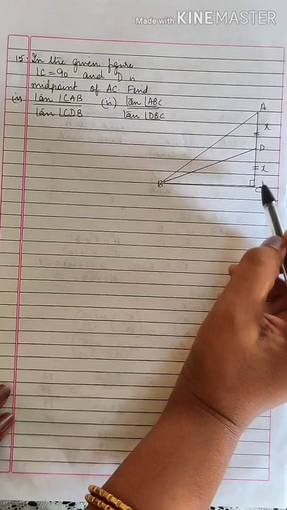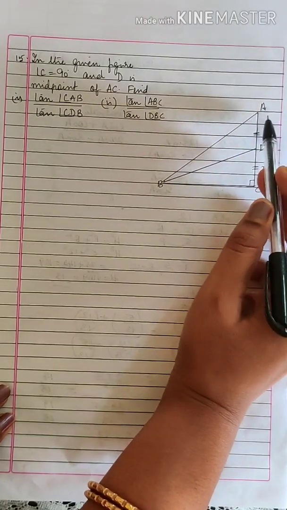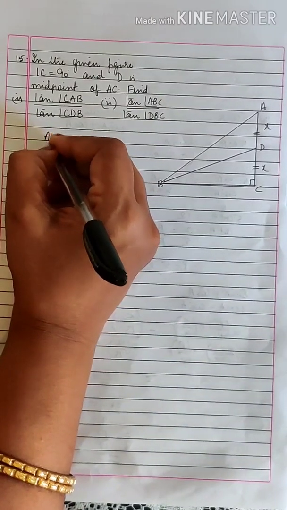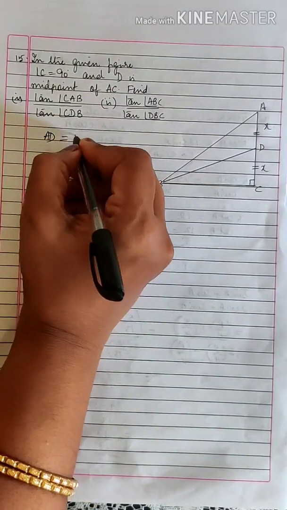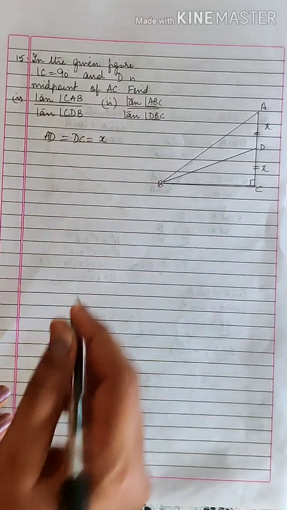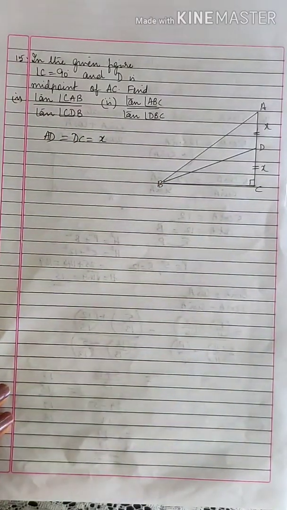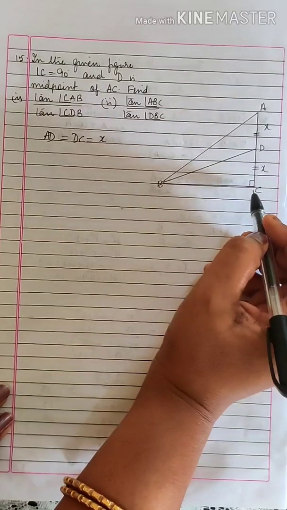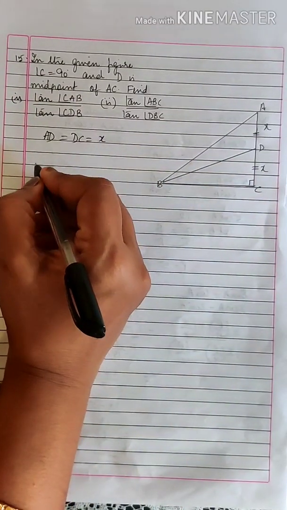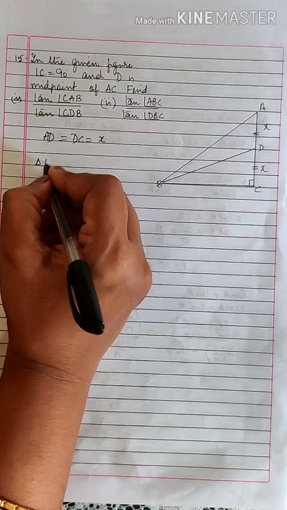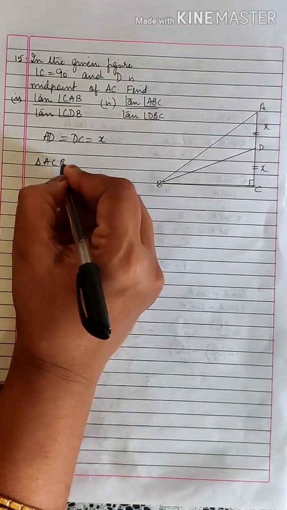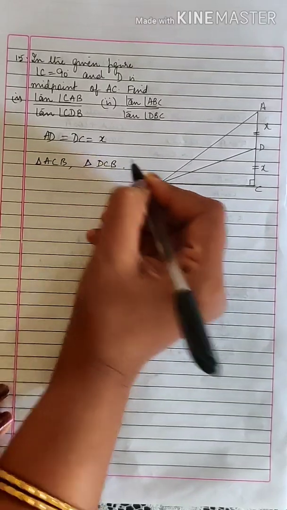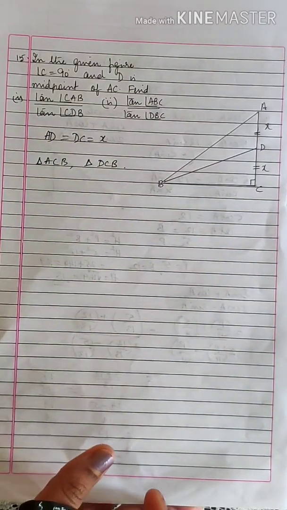So I am taking AD as x and DC as x, because AD is equal to DC. D is the midpoint. Now if you see this figure, you have two right angle triangles. One is triangle ACB and the other one is triangle DCB. These are the two right angle triangles.